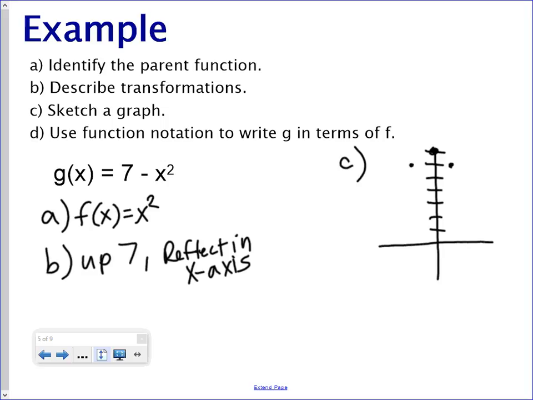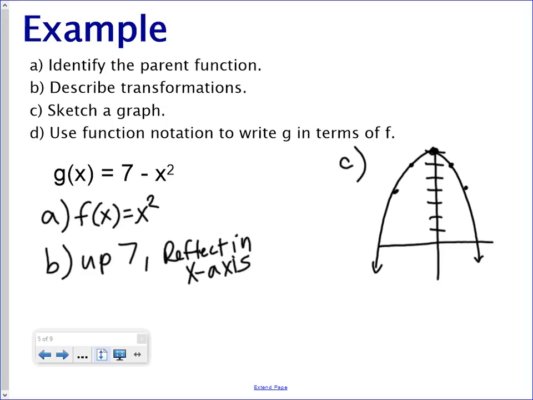So I have on the parent graph 1, 1, and negative 1, 1. And then the next rate of change is if I go over 2, then I would go up 4. Well, now I would go over 2 and down 4. Oop, I don't want to go over 2. Doesn't look like much of a parabola there. I could do that on both sides, and that gives me a nice parabola.